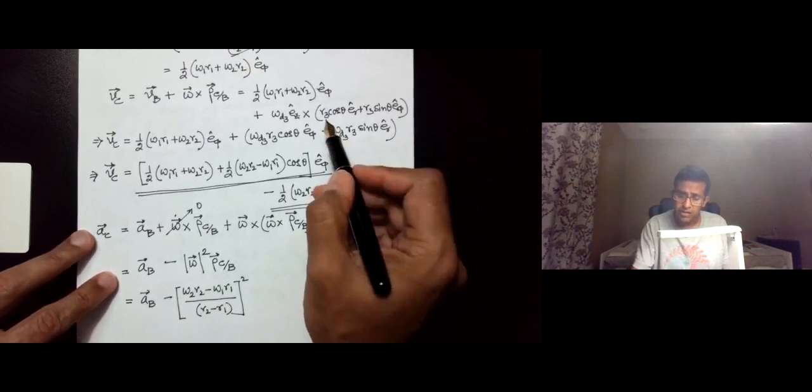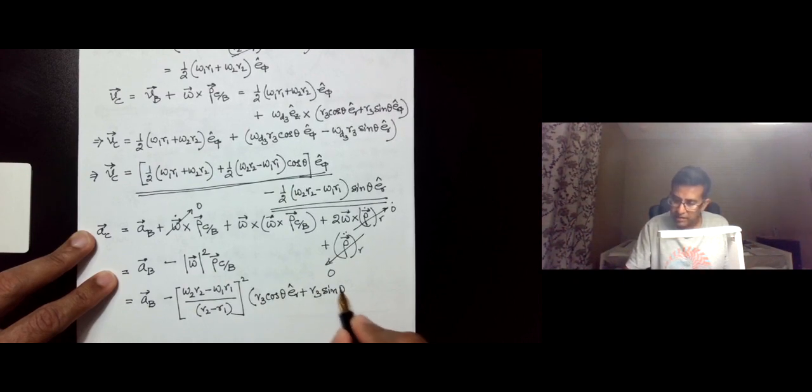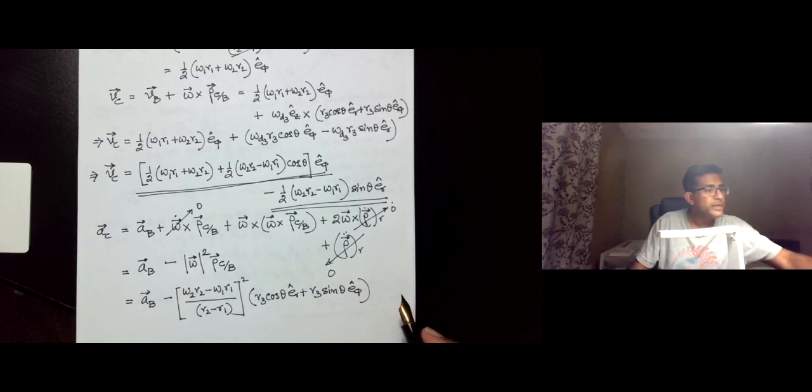You have seen the rho C with respect to B vector written over here, so I'm just going to rewrite that: r3 cosine theta e_r plus r3 sine theta e phi. Okay, that is good.